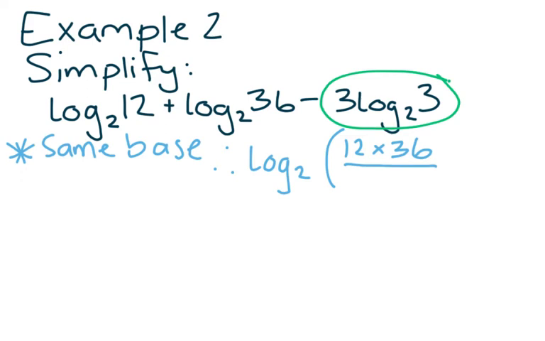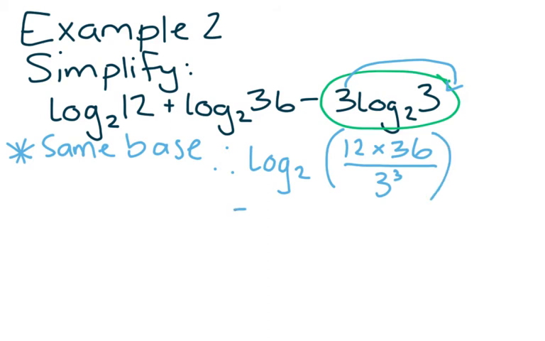Using the log law that's n log a of b, we're going to end up with 3 cubed here, because this first number n goes as the power of that last number there.